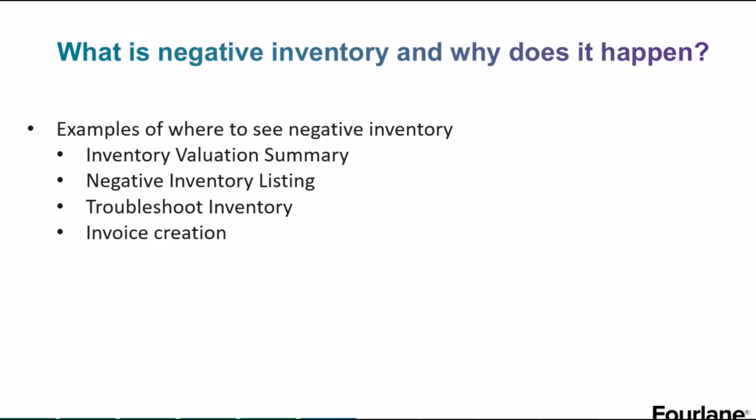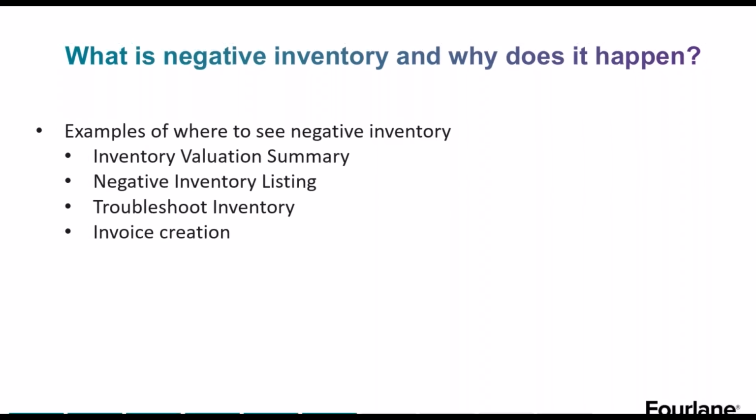One of the last common mistakes we see that can cause inventory items to go negative is if we're adjusting inventory through a journal entry. What I mean by that is entering an entry that only goes to our inventory asset account and not our items.